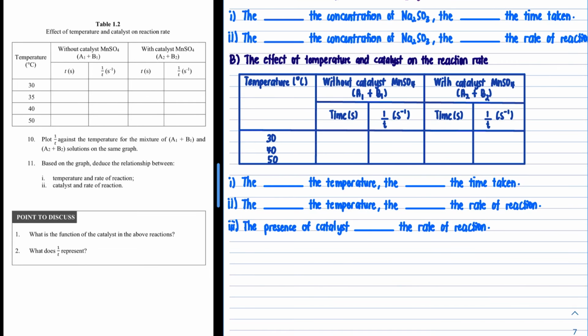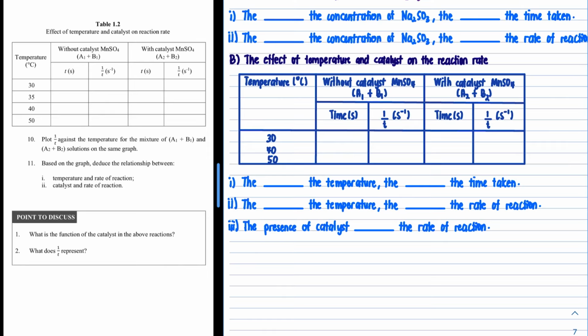Again, take your time, make sure it must be in seconds. The same goes for A1, B1 and A2, B2. And then you have to find 1 over T. So that is for the table, where you have to complete the table first.